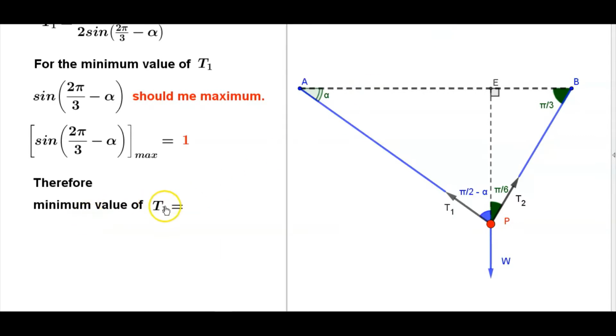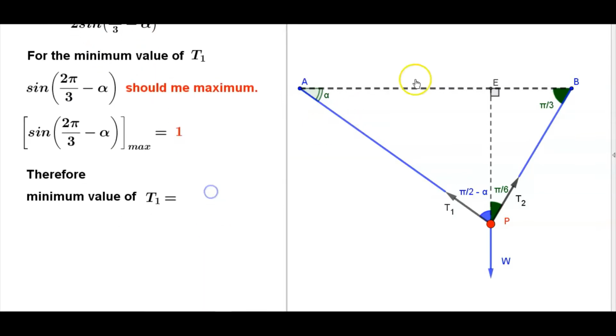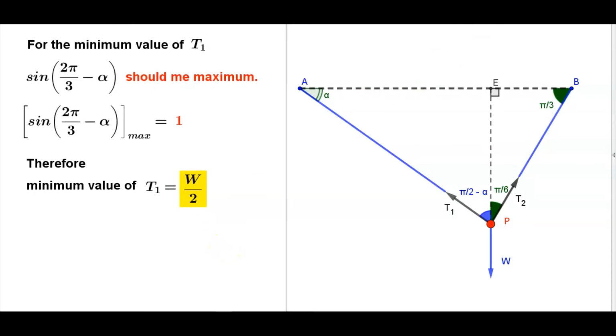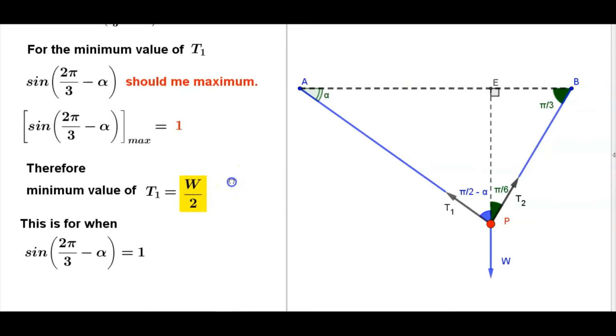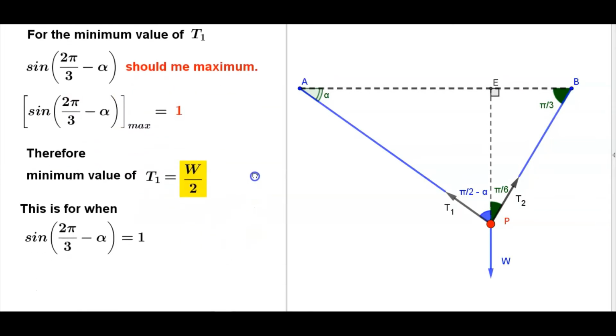Therefore, the minimum value of T1, with 1 for the maximum, is W over 2 into 1. Therefore, this is W by 2, the minimum of T1. This is when sine of 2 pi by 3 minus alpha is equal to 1.